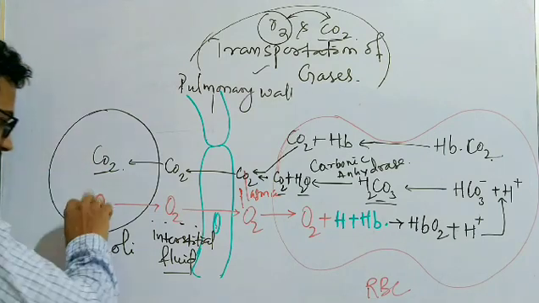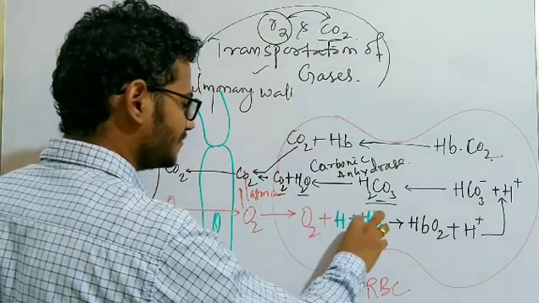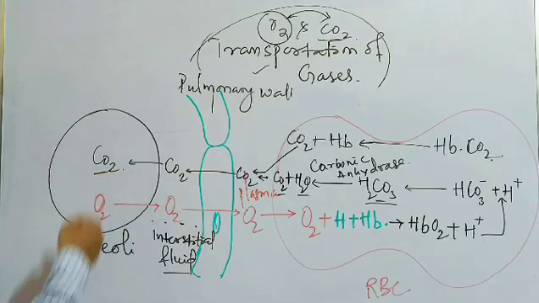So as much oxygen as the blood will receive, likewise it will also give carbon dioxide to the alveoli. So it is a related process, correlated with one another.